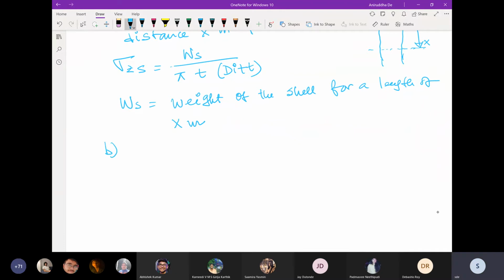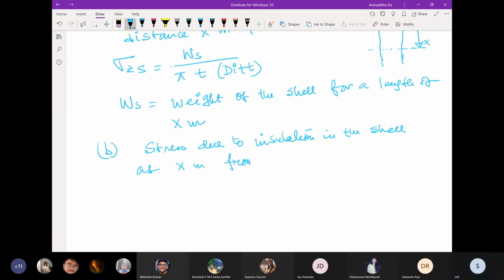Okay. Second one is stress due to insulation on the shell calculated at a distance x meter from the top.